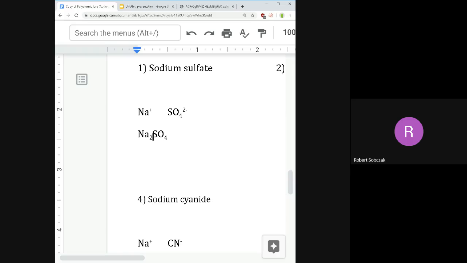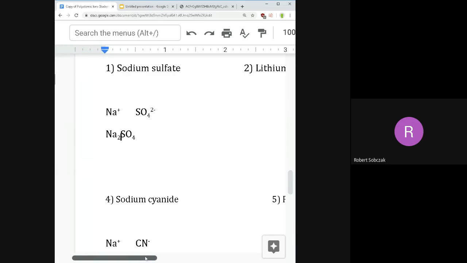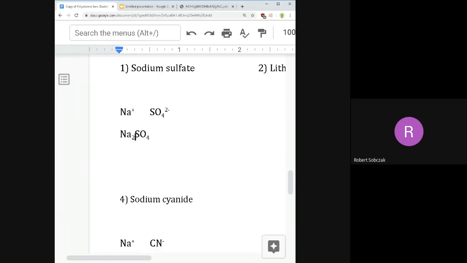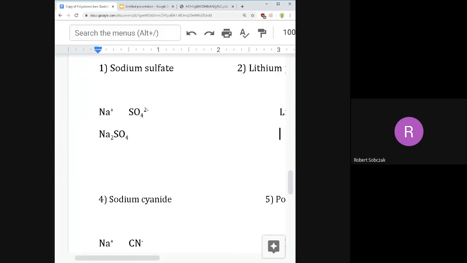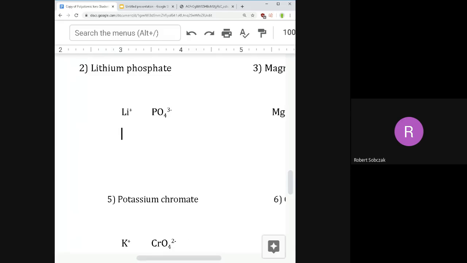Our final formula would be Na2SO4. 2 attached to the sodium here. There is an invisible 1 attached to SO4 right here. And with that, let me tab over to number 2.